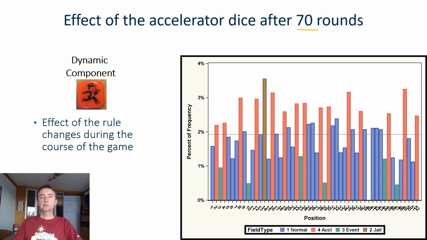And I also mentioned that this is a dynamic component as the effect of the accelerator dice changes during the game, so it is dynamic and can therefore much better be analyzed with a Monte Carlo simulation.